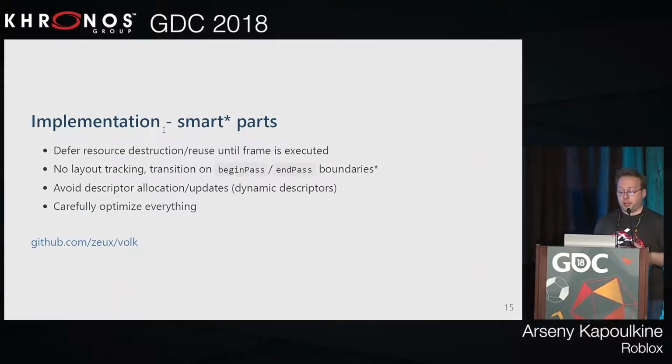The other really big thing is, we are doing dynamic descriptor updates, right? You have to be smart about how you do that. So first, you should absolutely use dynamic uniform buffers. This cuts our allocation of descriptor sets in half or maybe 3 times or whatever, and it makes some other things faster. Another thing that you can use is when you switch pipeline states, you don't have to technically rebind everything.